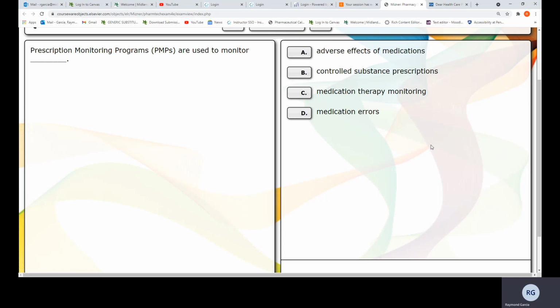Prescription monitoring programs, or PMP, are used to monitor what? Adverse effects of medications, controlled substance prescriptions, medication therapy monitoring, or medication errors. Controlled substance, it's geared to all medications.